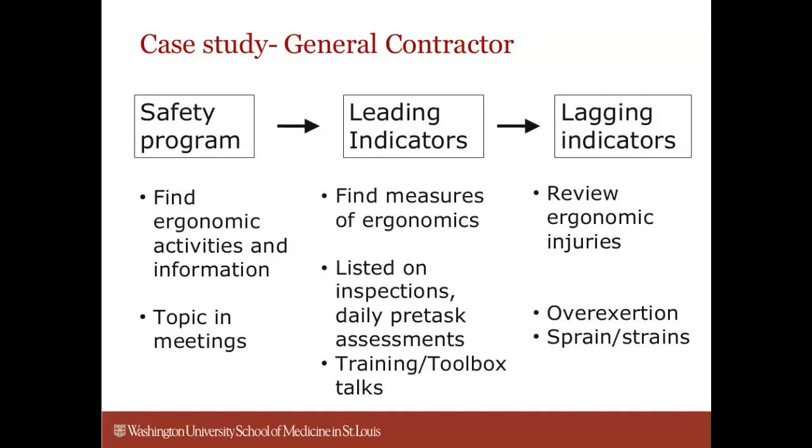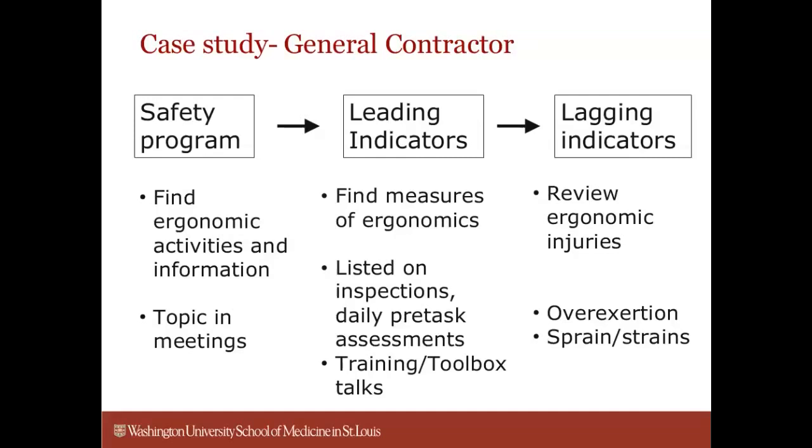Then the leading indicators were to look for measures that included ergonomic activities. This could have been how many times ergonomics was assessed on an inspection, or how many times the daily pre-task logs included ergonomic risks and controls, or how many times toolbox talks covered ergonomic topics.